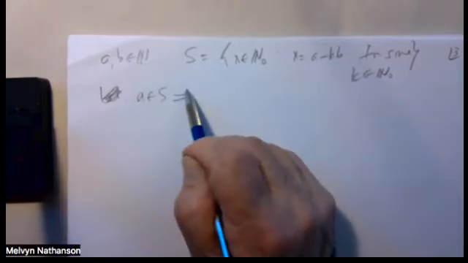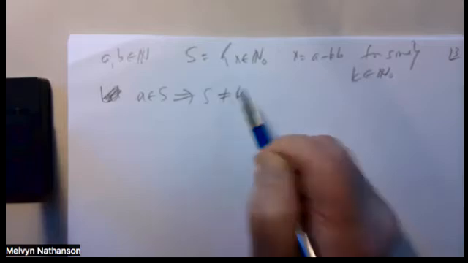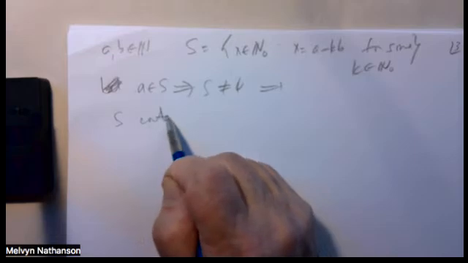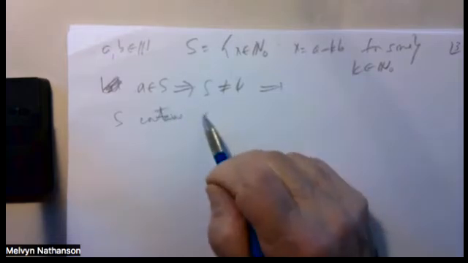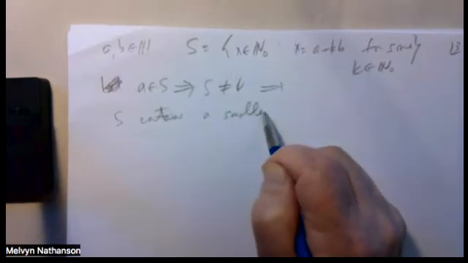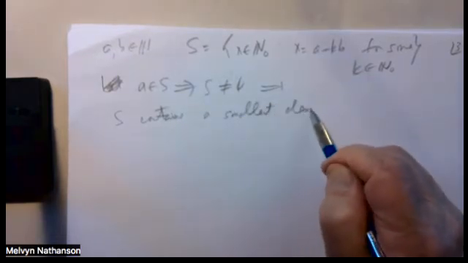And so S is not empty, because if I take k equals 0, a is in S. And this means by the minimum principle, S contains a smallest element, r.